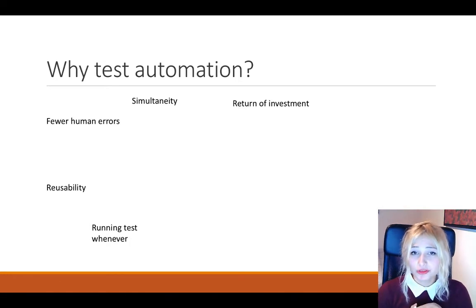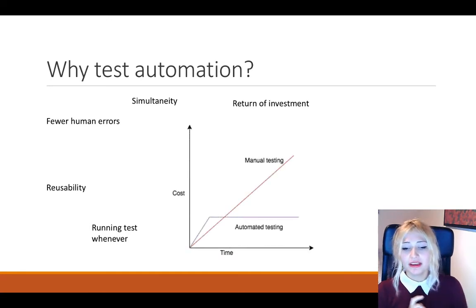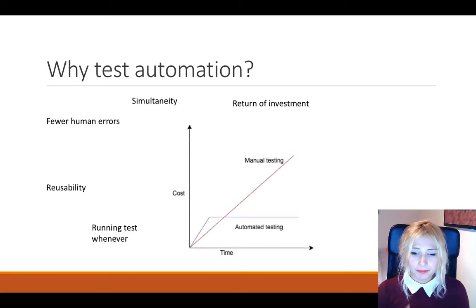Then return on investment. I want to talk about the return on investment of test automation, and there's a graph for it. Let's take a deeper look at that graph. As you can see here, manual testing and automated testing start at the 0 point, but the automated testing is higher than manual testing. Why?